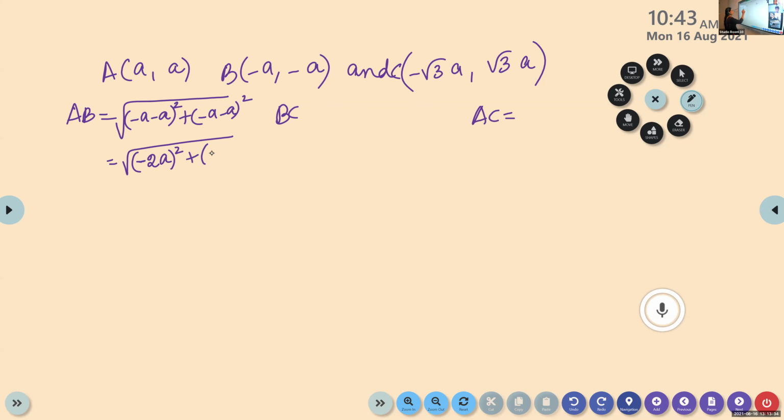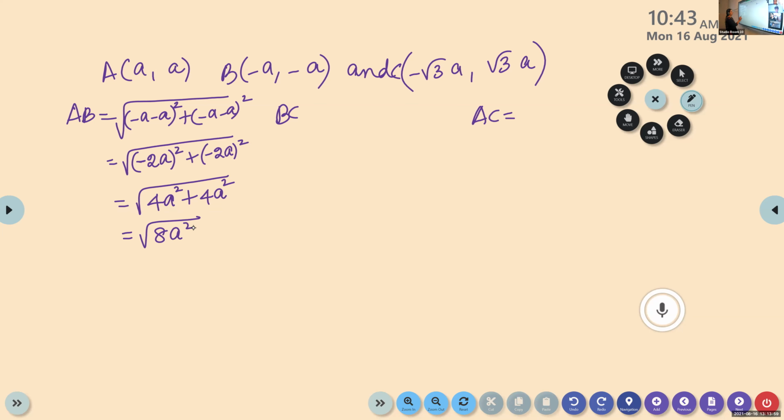Plus, again here, minus 2a, the whole square. So, which will be the same as root of, when we square it, 4a square plus 4a square. What is 4a square plus 4a square? It will be 8a square.